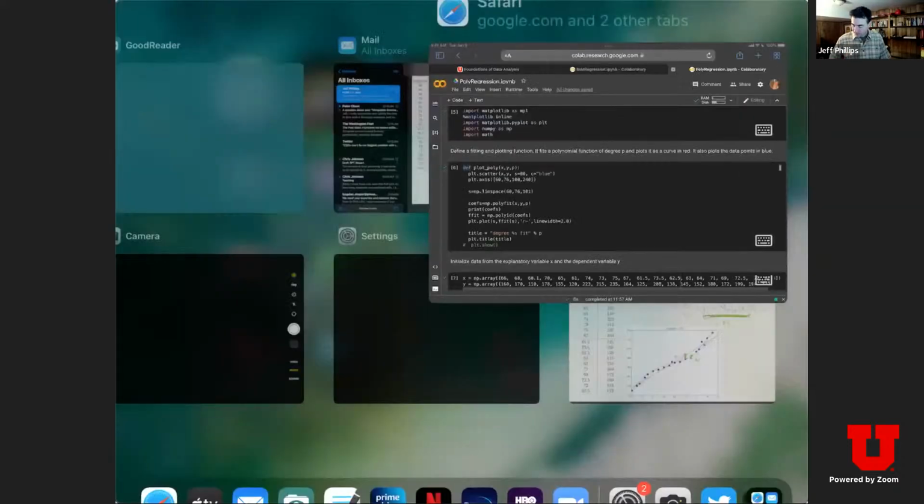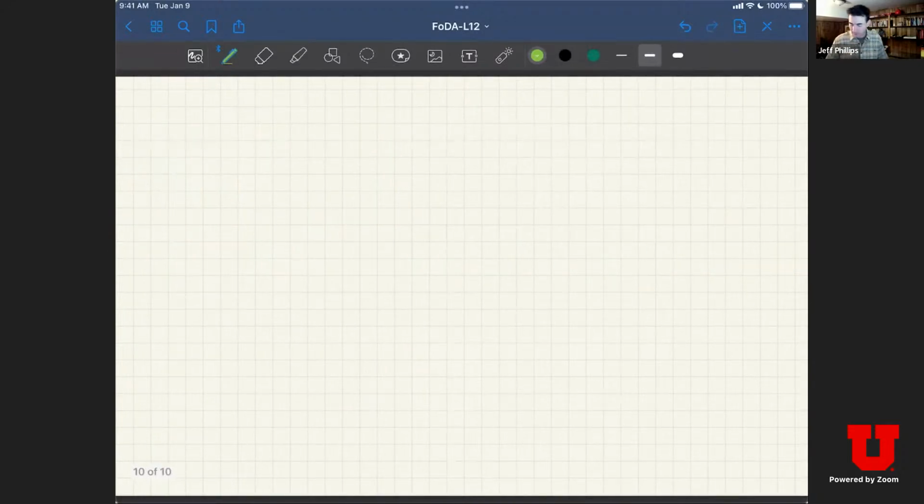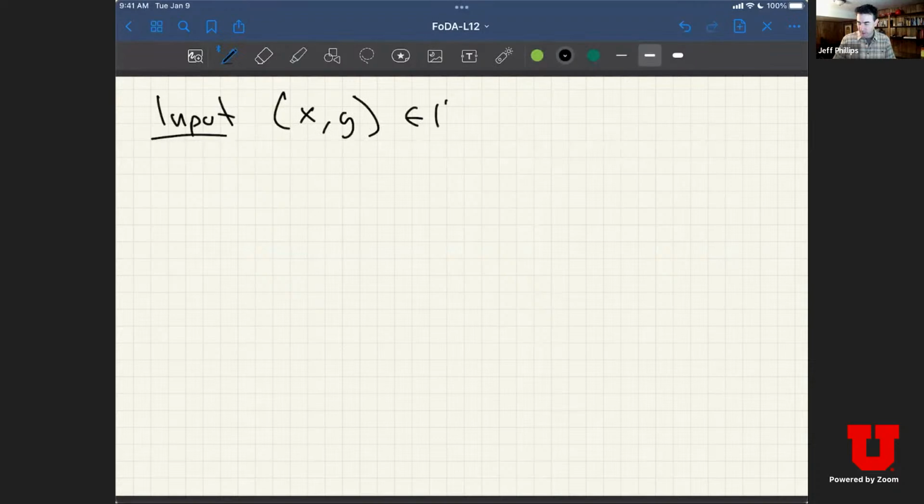Okay, let's go back and explain how we get the optimal solution for polynomial regression. Again, the input is going to be vectors x and y, in R^n times R^n, so two n-dimensional vectors.